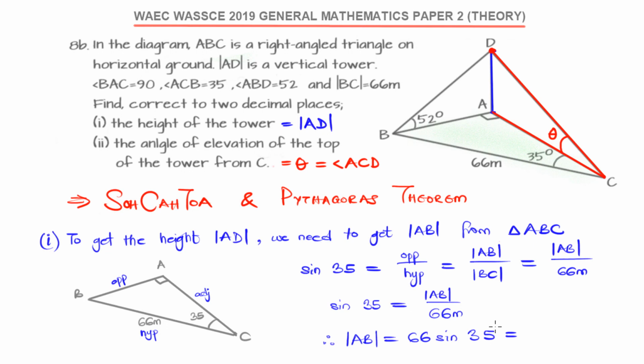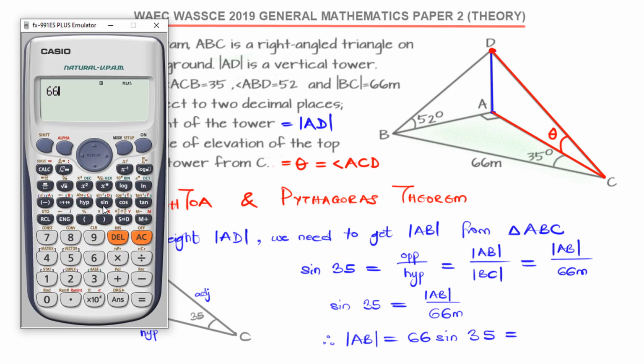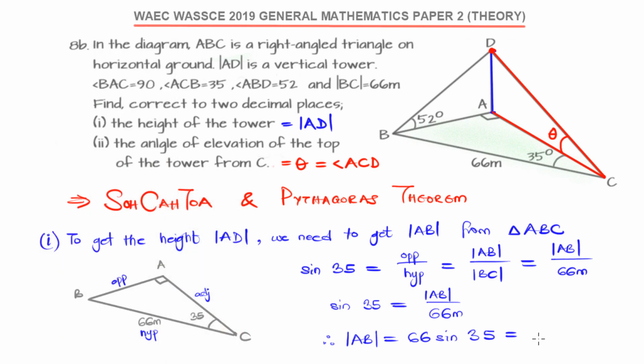So I can bring in a calculator to try and solve for that. 66 sine 35. That's 37.856 meters. Okay. So that is the value of the line AB.